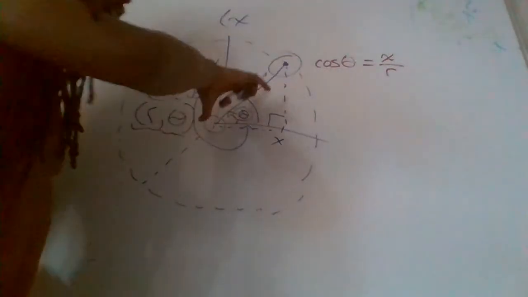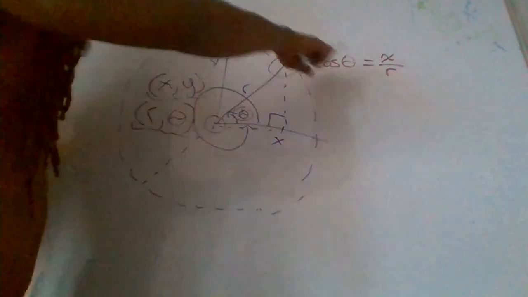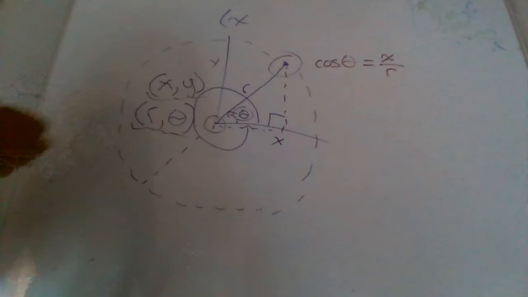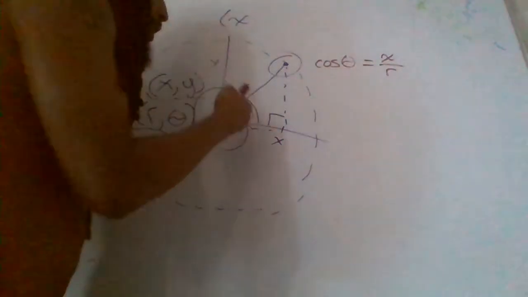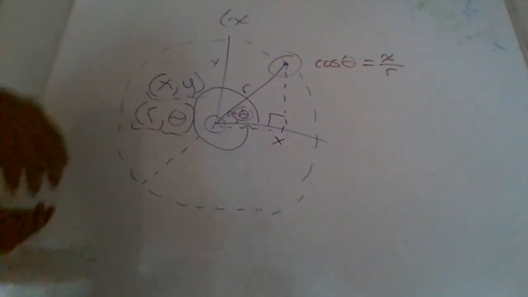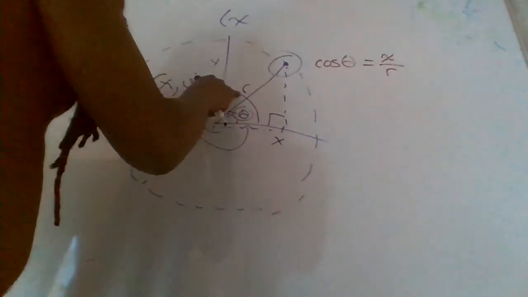R is our hypotenuse here, also the radius of our circle, once again. Now, we also have another ratio based on this angle theta that gives us the two terms y and r.